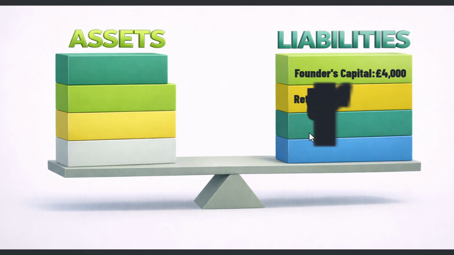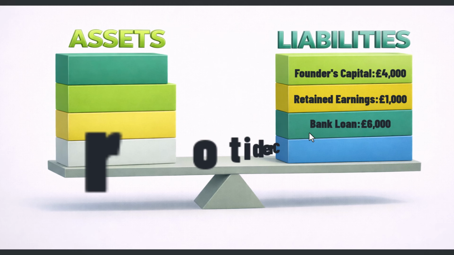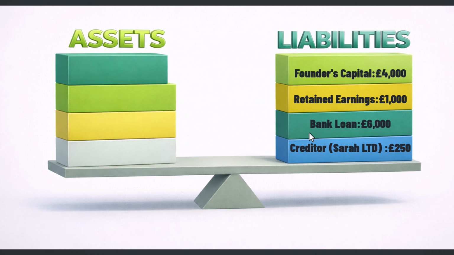Profit owed to founder, £1,900. Bank loan, £6,000. Creditor, Sarah Limited, £250. That gives us a total liability of £12,150.